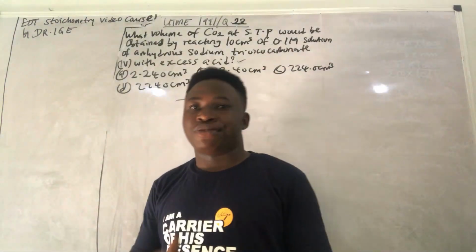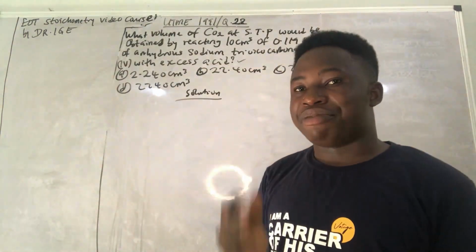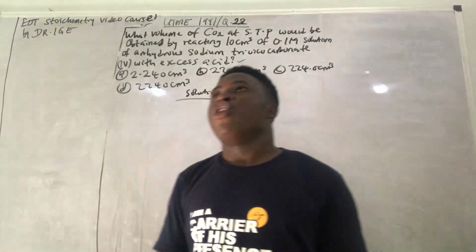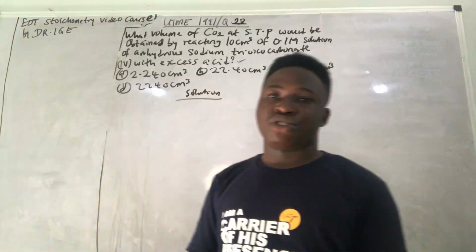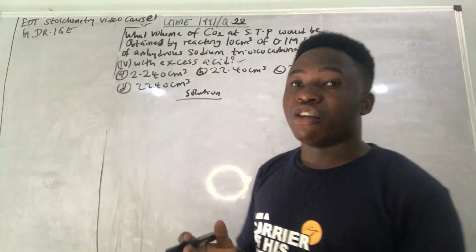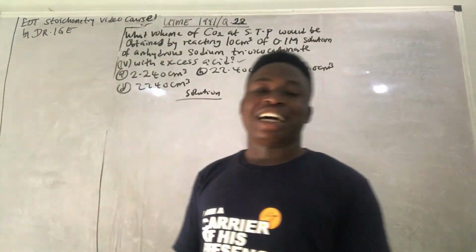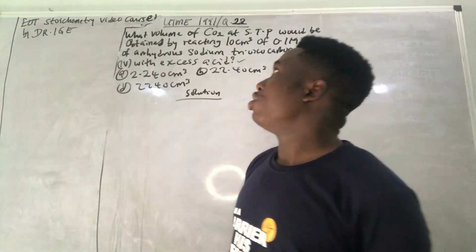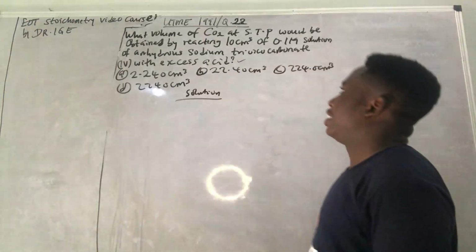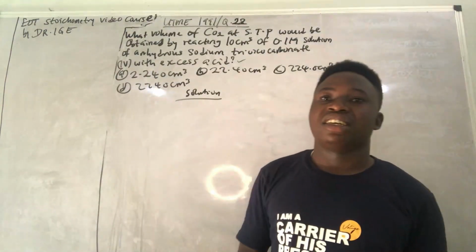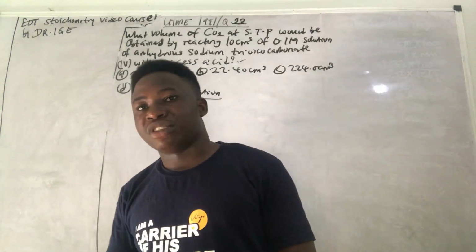The choice of acid you use will only affect the number of moles of the salt that is produced. It can also affect the amount of anhydrous sodium carbonate that will be reacted, but it's not going to affect the amount of the gas you get.